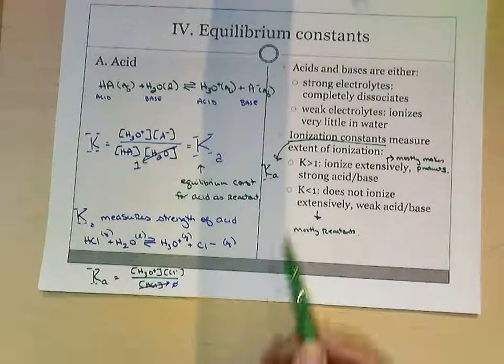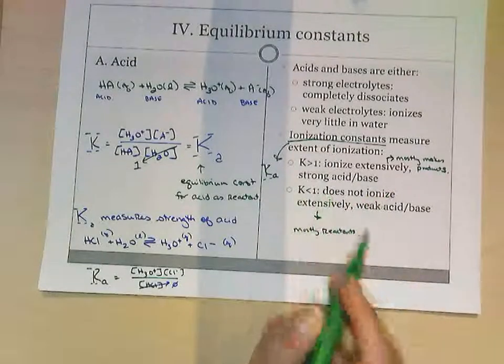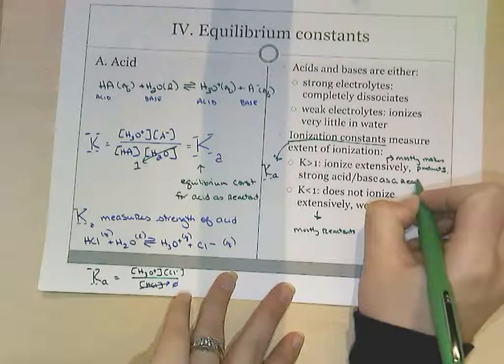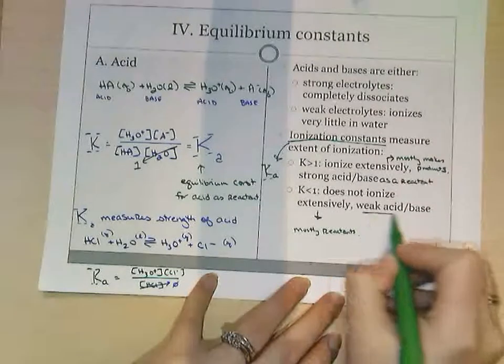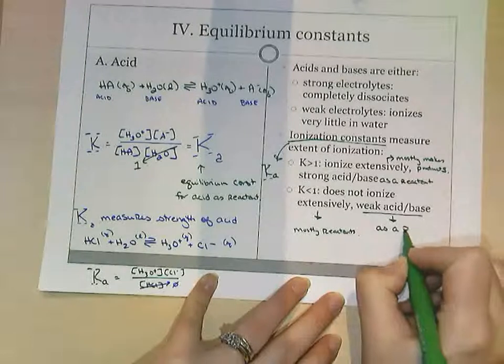So if you have a K greater than 1, it means you have a strong acid or a strong base as a reactant. So a strong acid or a strong base is one of the things reacting. If you have a K less than 1, it means you have a weak acid or a weak base as a reactant.